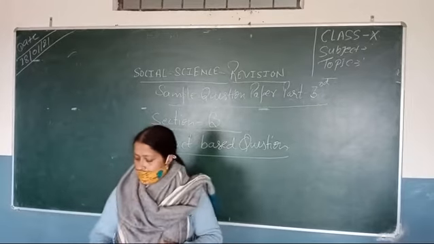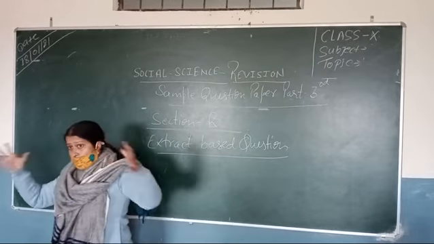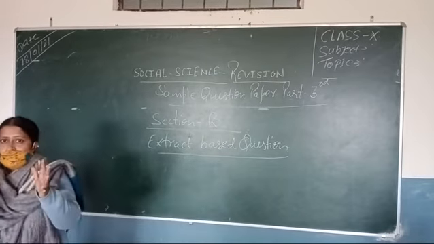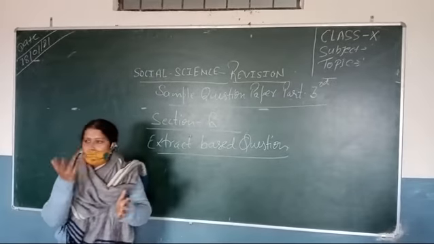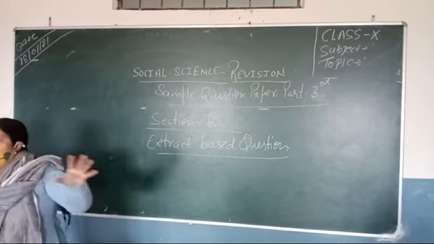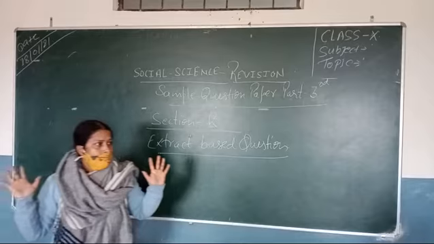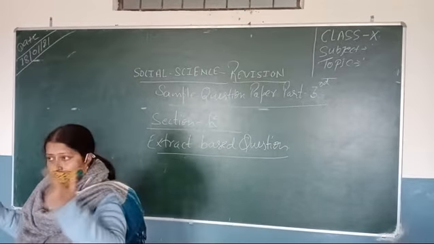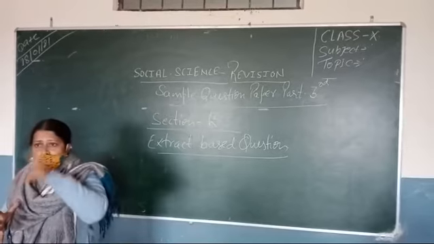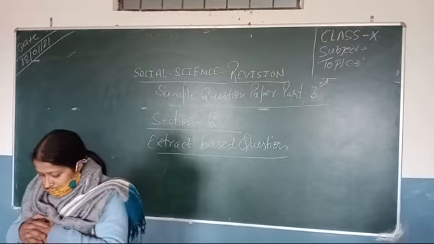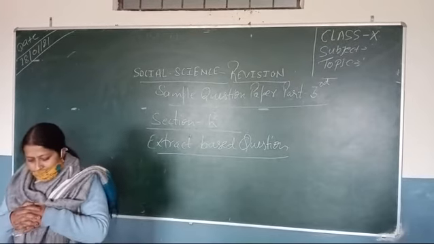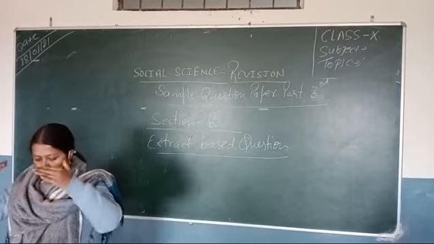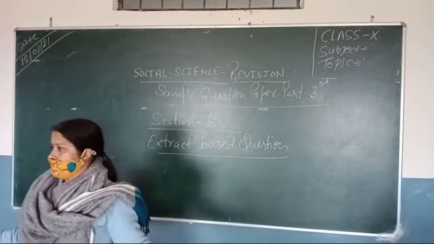Okay? Now, next I am explaining it more, and you have to write in a concise way. But as far as the explanation, because you all are not giving the answer, that's why I have to explain. The next is another question, the last question for the extract-based one: explain the effect of the boycott movement on foreign textile trade.